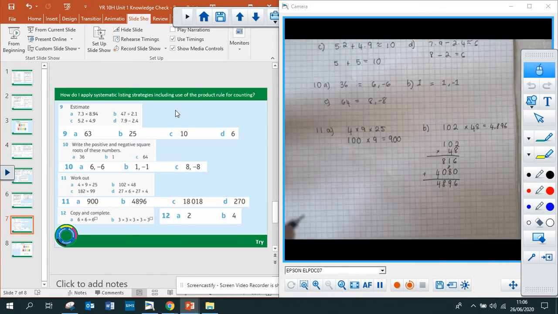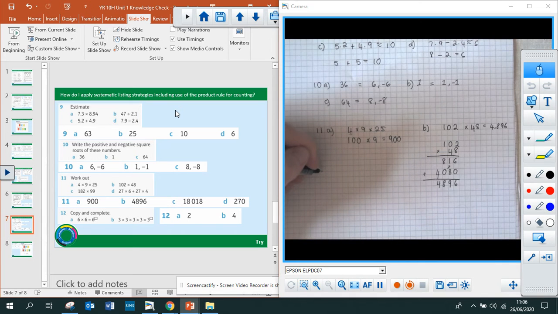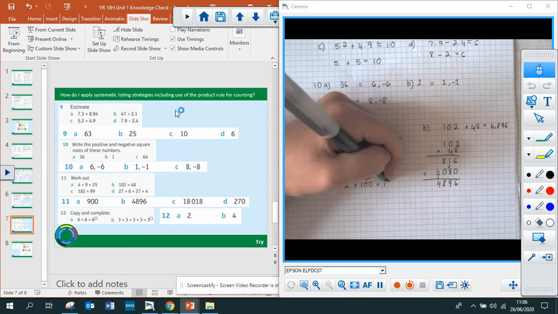Okay? Part C has asked you to do 182 multiplied by 99. Now, 99 is nearly 100. So one method you could do is 182 multiplied by 100, which gives you 18,200.